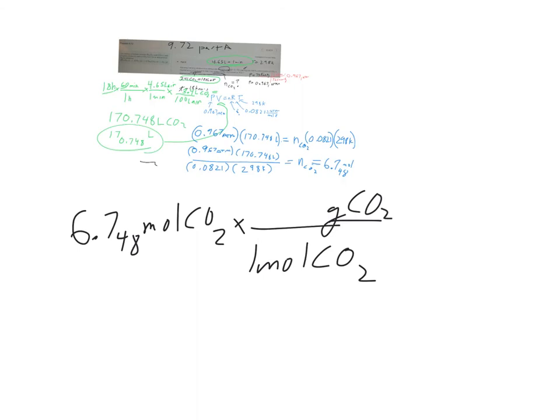And that's going to be 12.011 plus 2 times 15.9994 equals 44.0098. That came from the periodic table, right? Sorry, I felt like there should be dramatic music. Came from the periodic table.